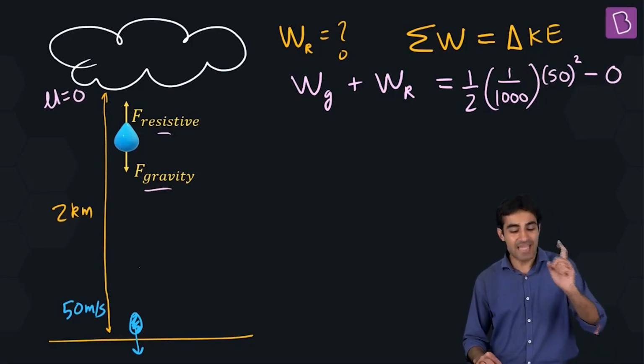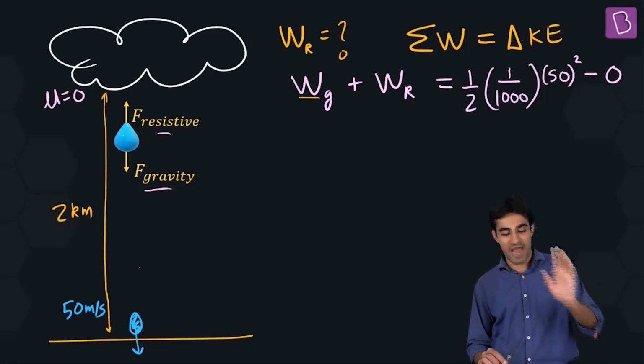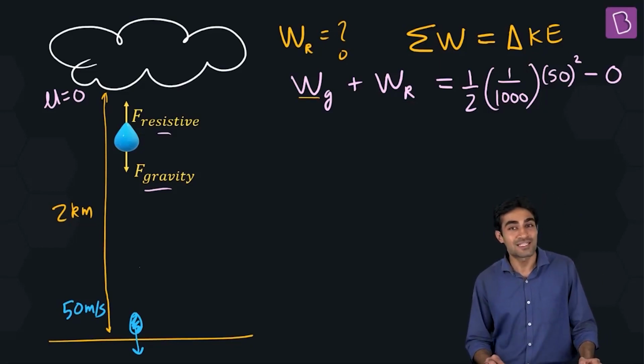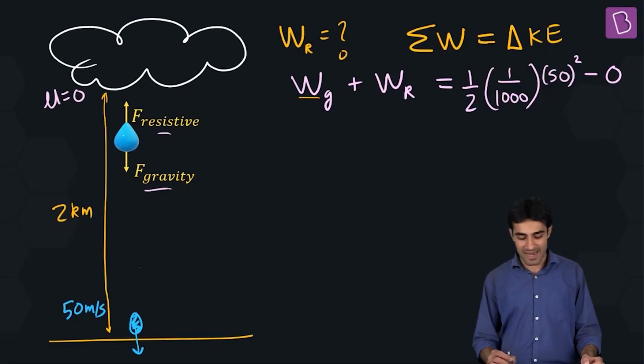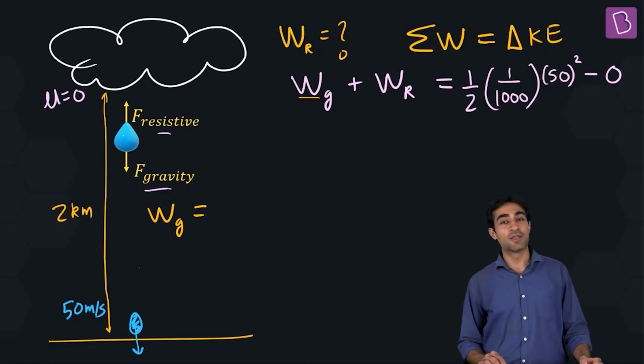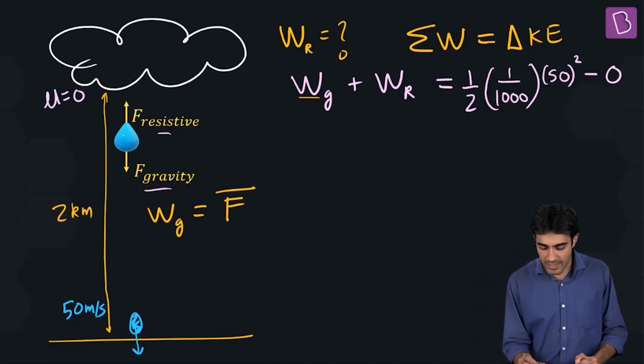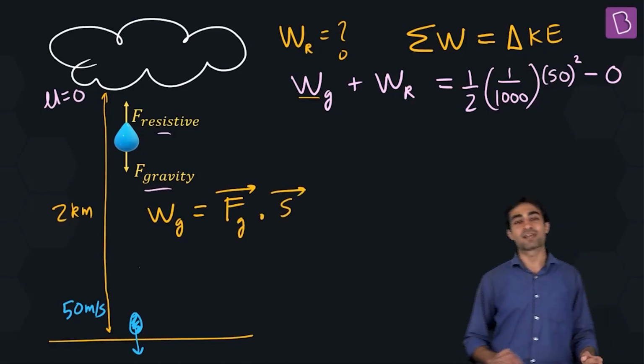Now, if we calculate the work done due to gravitational force, we will find the work done due to resistive forces. Okay. So, tell me the work done due to gravitational force. You will say, well, that would be equal to force, the gravitational force, times the displacement of the object.